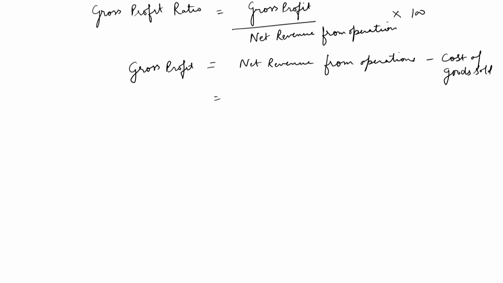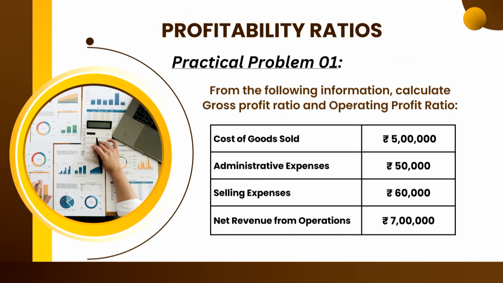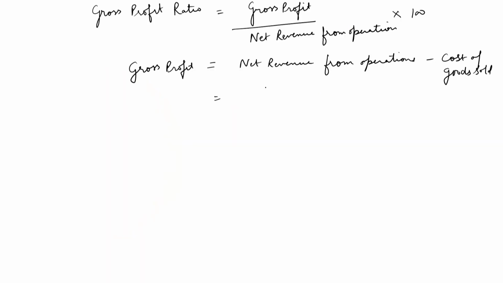As per the statement, we have net revenue of 7 lakh and the cost of goods sold is 5 lakh. So, the gross profit in this question amounts to rupees 2 lakhs.